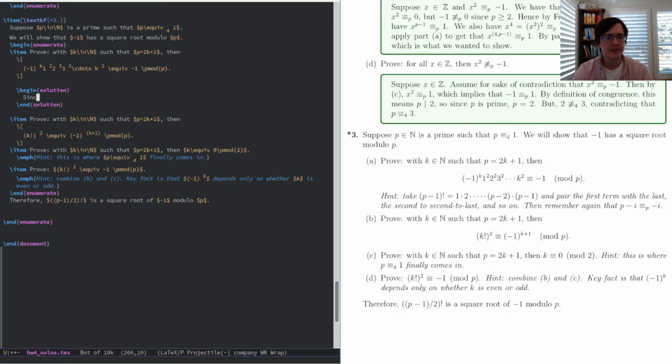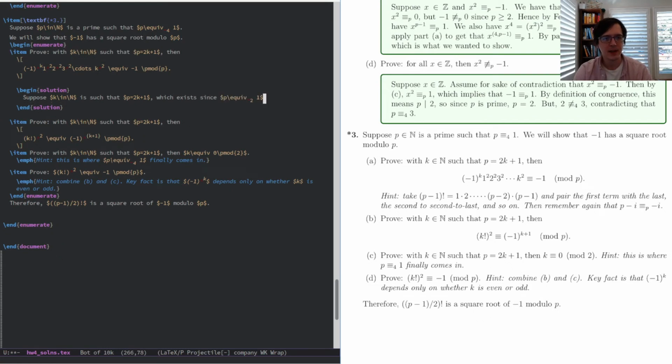Okay, so suppose k in the natural numbers is such that p equals 2k plus 1. Which exists since p is equivalent mod 2 to 1, because 2 divides 4 and we can reduce the modulus that way.